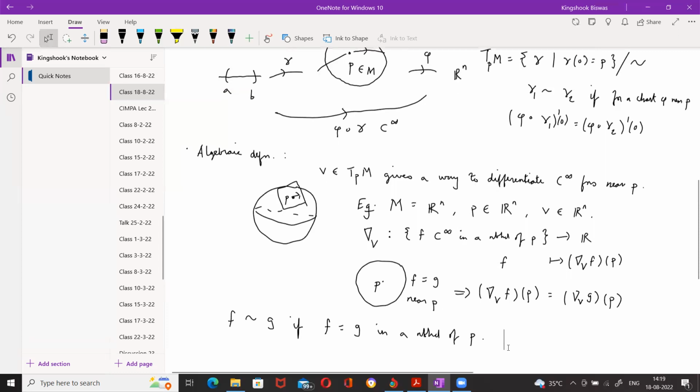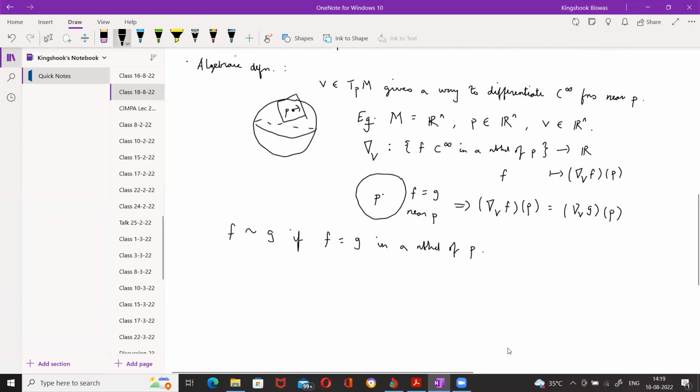All right. So let me define this for a manifold. First of all, if U is an open subset of a manifold M, then C infinity(U) is the ring of smooth functions on U. That is, F from U to R such that F is C infinity.